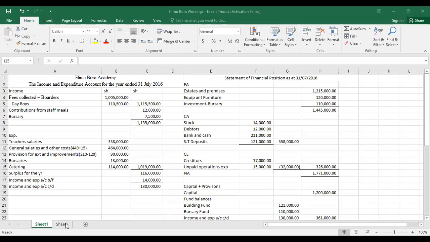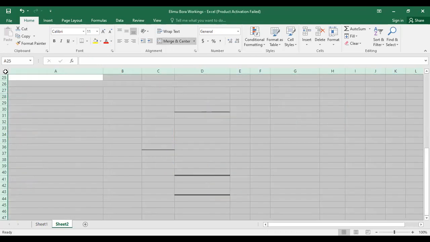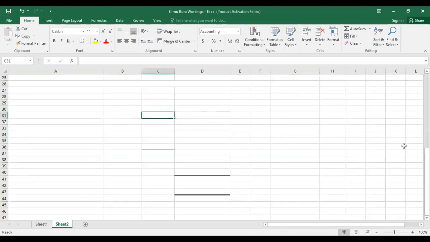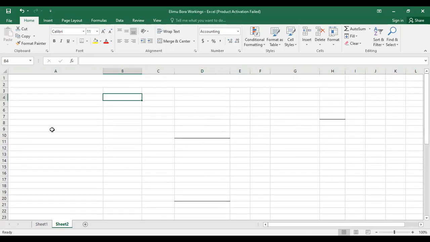I can use sheet 2 and delete what is there. There we are. So I've said we need to first adjust all the accounts that have been given in the additional information.